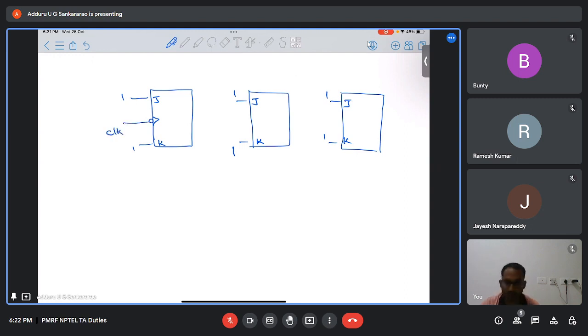The clock is connected here. For the first flip-flop, we have Q and Q bar. And now the Q output of one flip-flop is connected to the clock input of the next one. This is the second flip-flop.